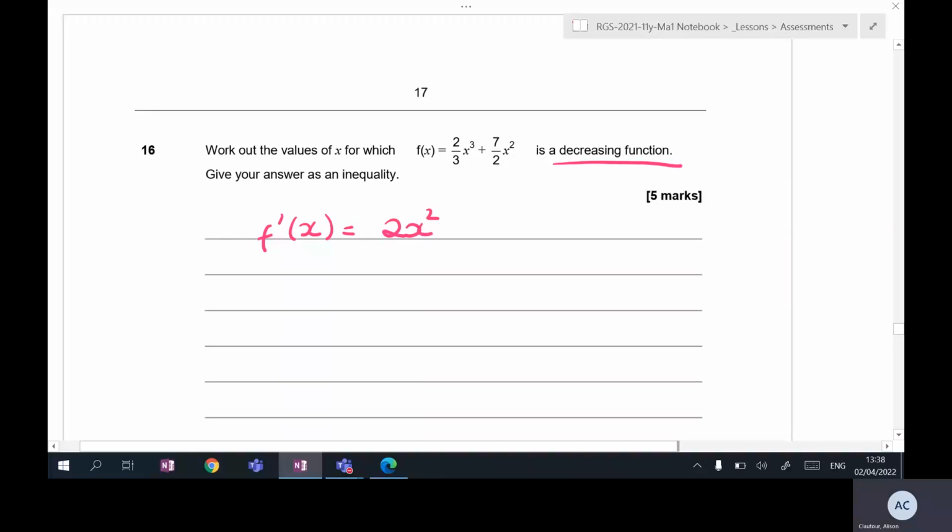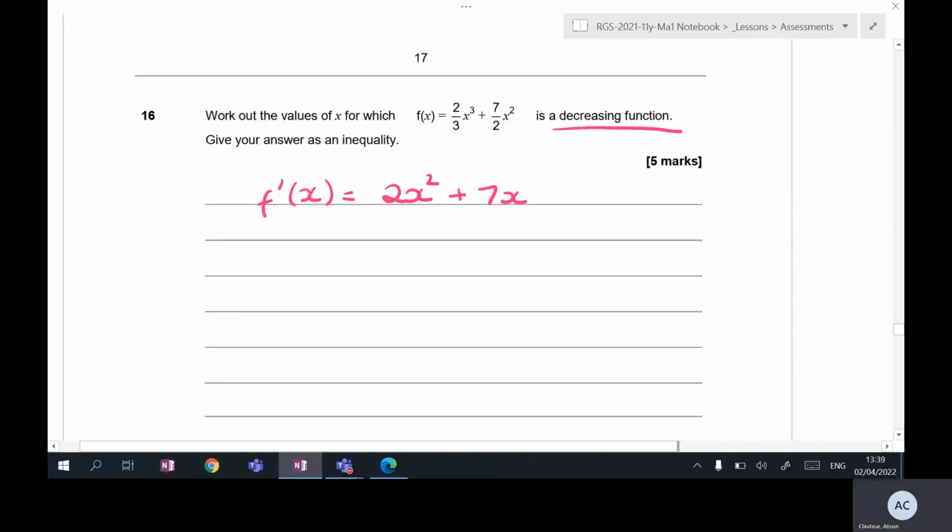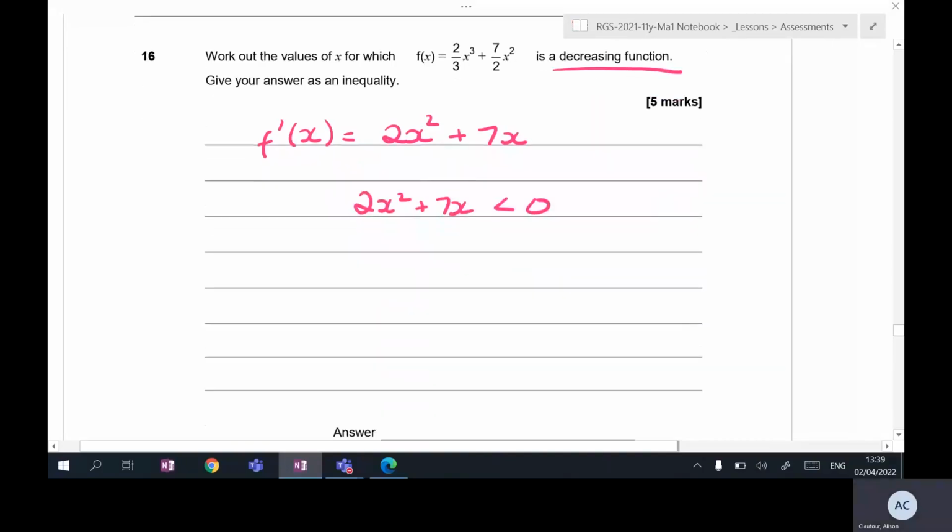And take 1 off the power. Do the same for the second term, so 7/2 times 2 is 7. And then take 1 off the power. So this gradient is always negative. So therefore 2x squared add 7x is negative for these values of x.